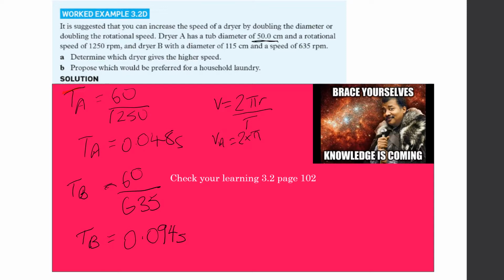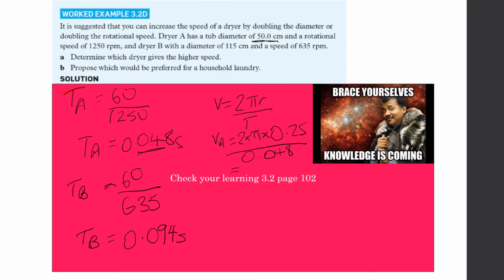So we need to first of all convert it to meters, so it'll be 0.5 of a meter, then convert diameter to radius, so divide it by 2, that gives us 0.25 over t, which we've calculated over here as 0.048.